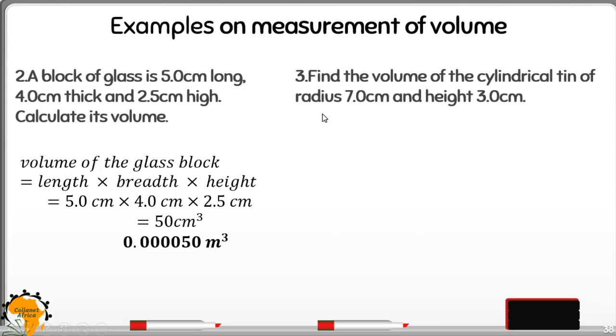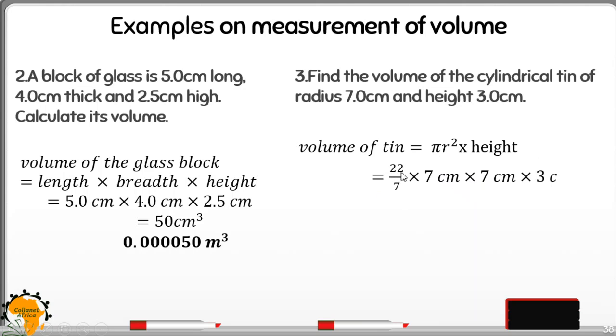Then we move to the third one. Find the volume of a cylindrical tin of radius 7 and height 3.0 centimeter. Again, we start by formula. Volume of tin is equal to pi r squared, that is the base area or the cross-sectional area, multiplied by height.